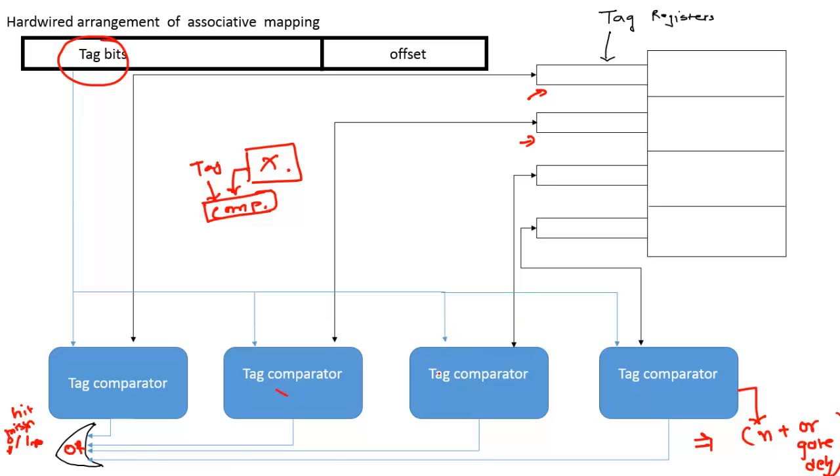So this associative mapping gives us the best access time. All right. Another implementation technique is a software implementation technique.